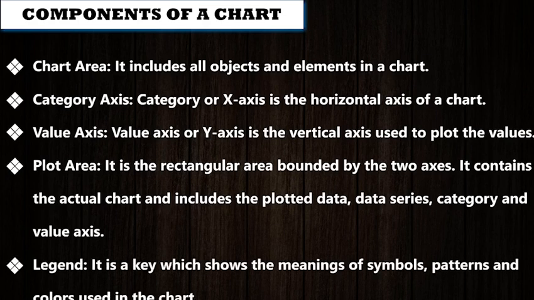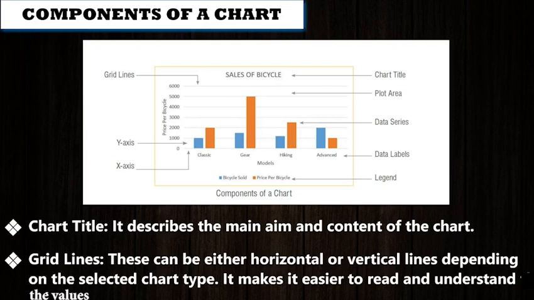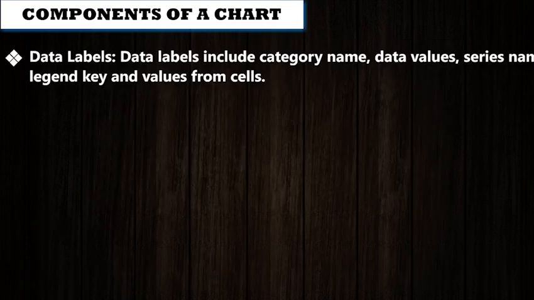Legend. It is a key which shows the meanings of symbols, patterns and colors used in the chart. Chart title. It describes the main aim and content of the chart. Grid lines. These can be either horizontal or vertical lines depending on the selected chart type. It makes it easier to read and understand the values.